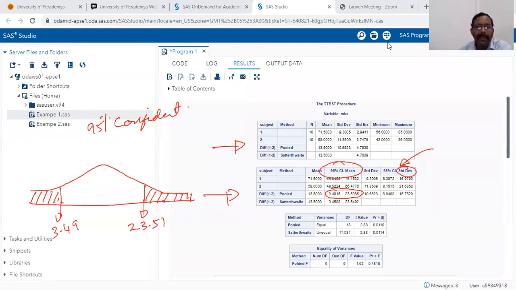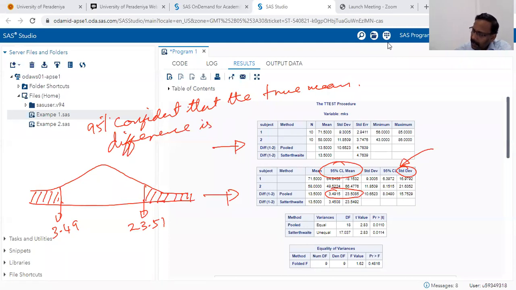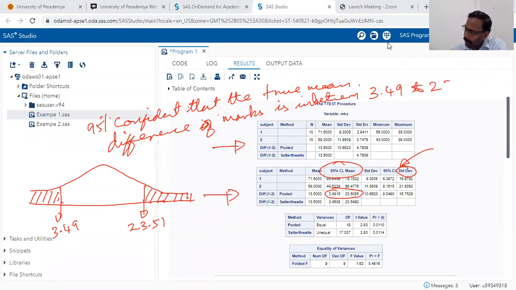I'm 95% confident that the true mean difference of the marks is in between 3.49 to 23.51.